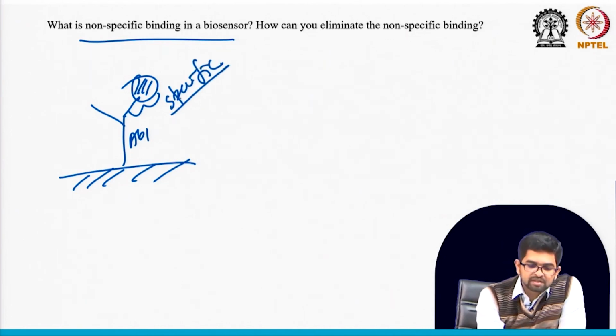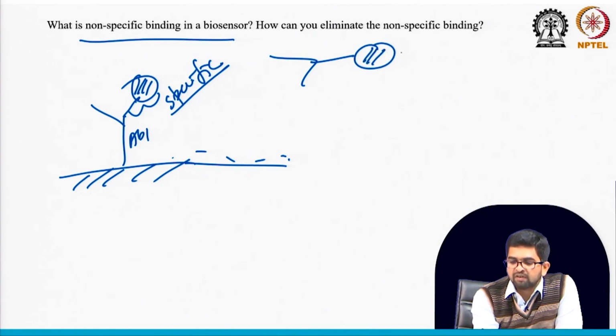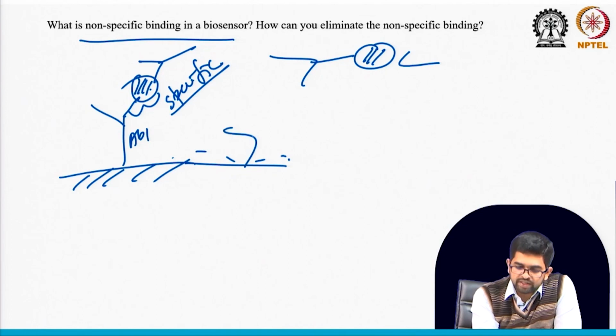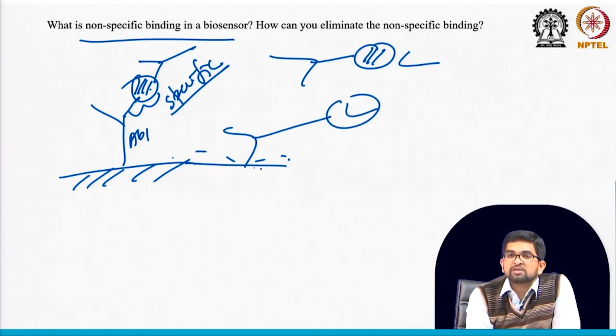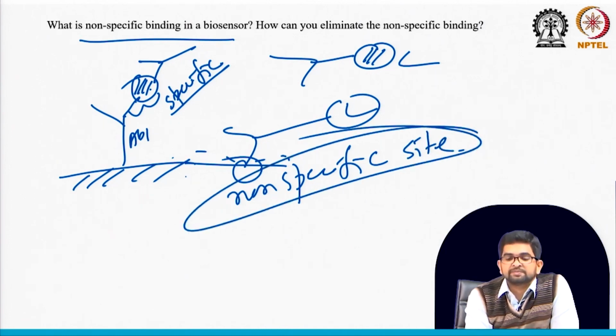But non-specific means, suppose this target is not bound here, maybe on the other side of the electrode surface, your secondary antibody that is already labeled should bind with the antigen, with the target. But if it binds here on the electrode surface somewhere, then it is not a specific site, right? It is a non-specific site. So this is the non-specific binding.